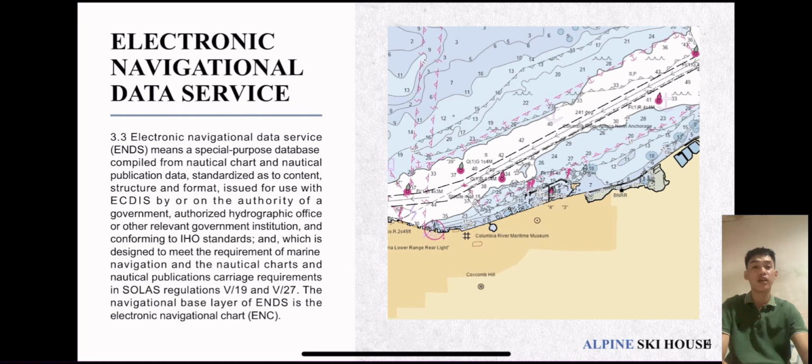Next is 3.3, Electronic Navigational Data Service.